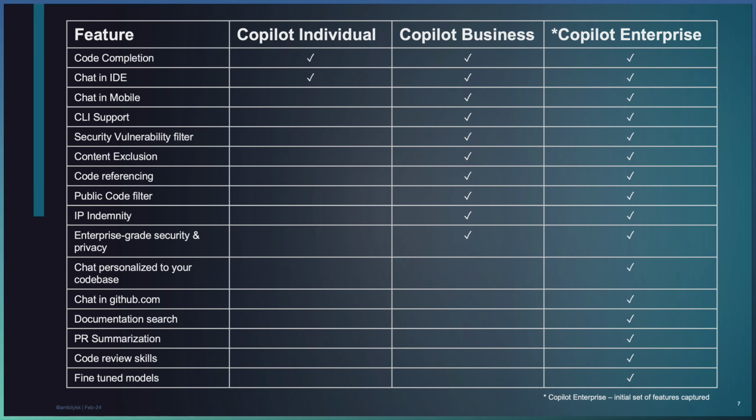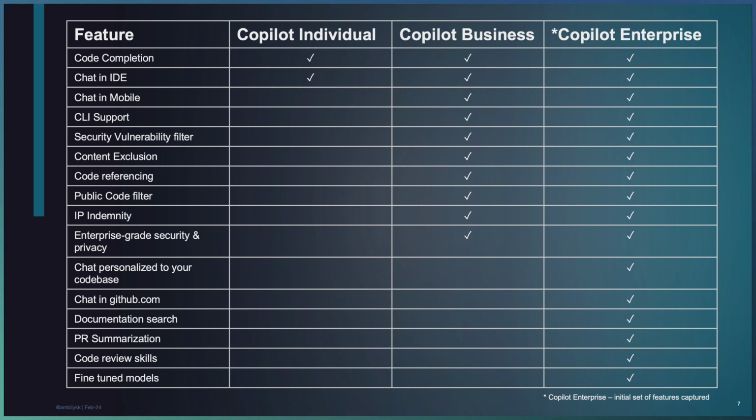Let us see what kind of features are supported by each of these editions. We have a bunch of features, starting with code completion and chat in the IDE. Individual, Copilot Business, and Enterprise support both code completion and chat in the IDE. Coming to mobile chat support and CLI support, the Copilot CLI features are captured in one of the videos.